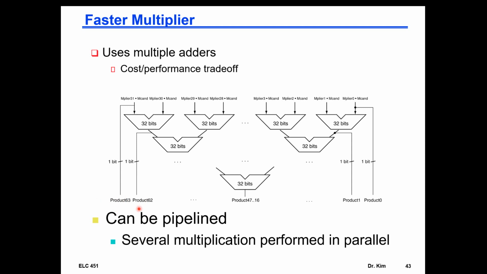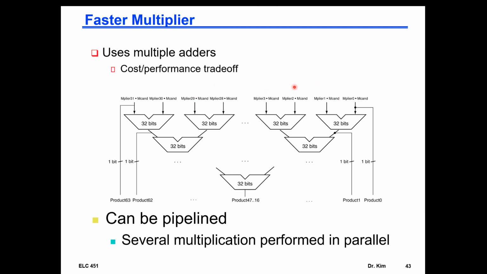So in total, if you're doing the multiplication of 32-bit numbers, you have 1, 2, that's 3, 4, that's 7, 8, 15, and 16. So you have 31 adders. So basically for a tree-type multiplier, you have the number of adders equal to the number of bits that you are multiplying minus 1.